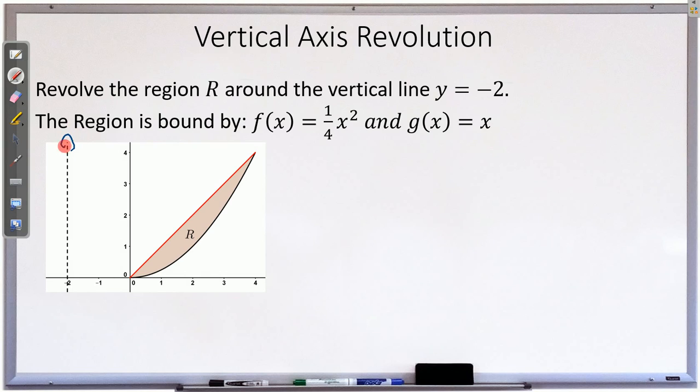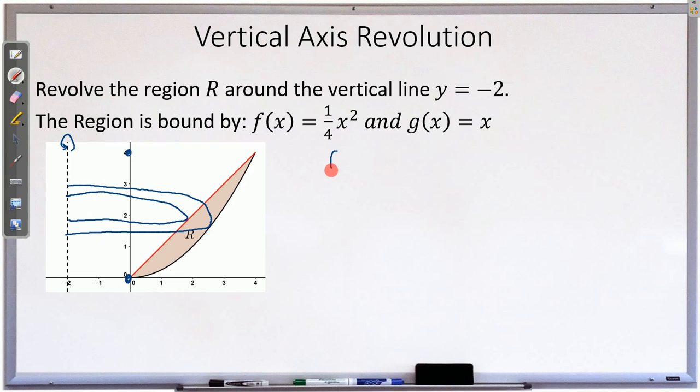So around this axis. And so first your picture changes a little bit because you're going to go from here to there for your small circle. That's pretty bad, but it doesn't matter. And from here out to there for your big circle. Hopefully you can see your limits are still going to be from 0 to 4. We're going vertically, so this is going to be a dy.